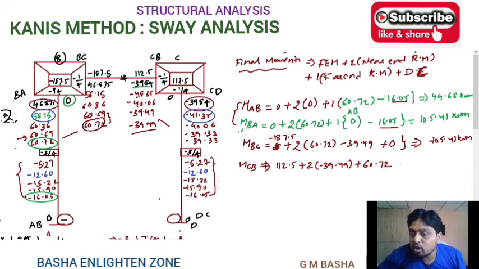Then what about displacement contribution? Displacement contribution will be 0 for the beam, that is BC, and if you simplify you will get the value around 94.57 kilonewton meter.